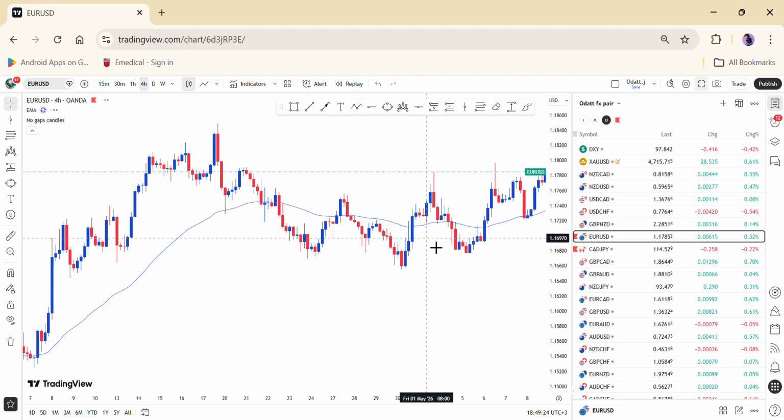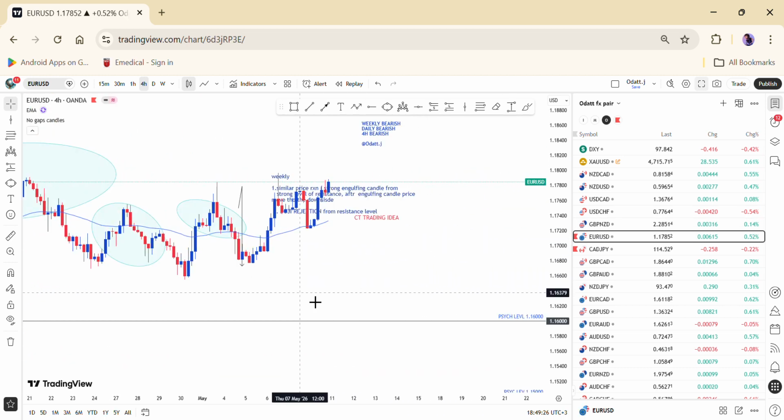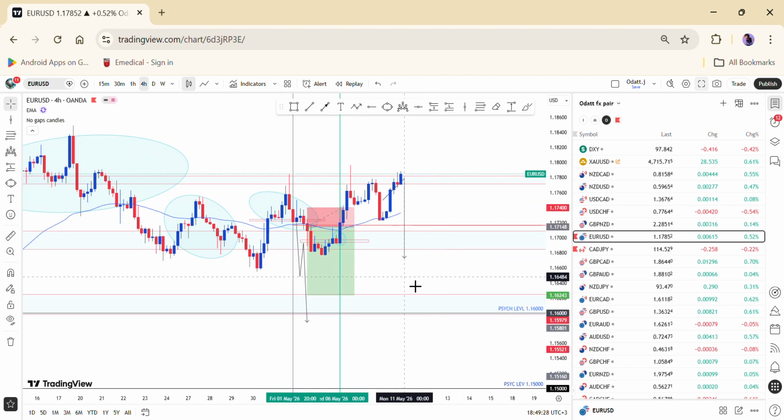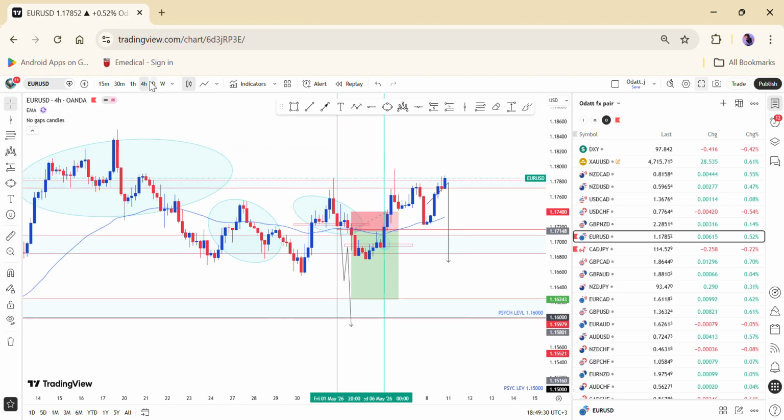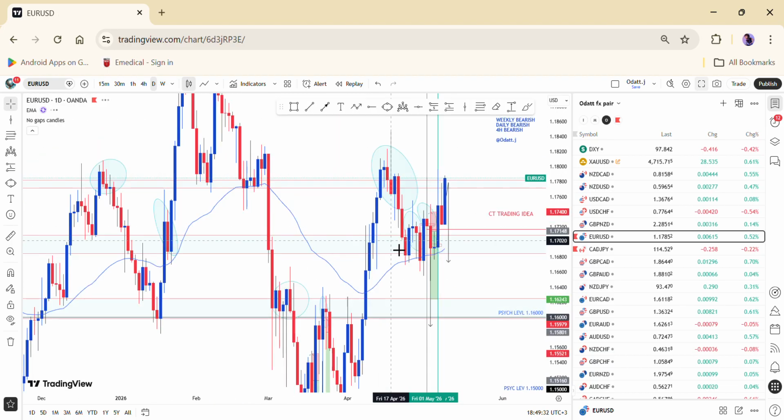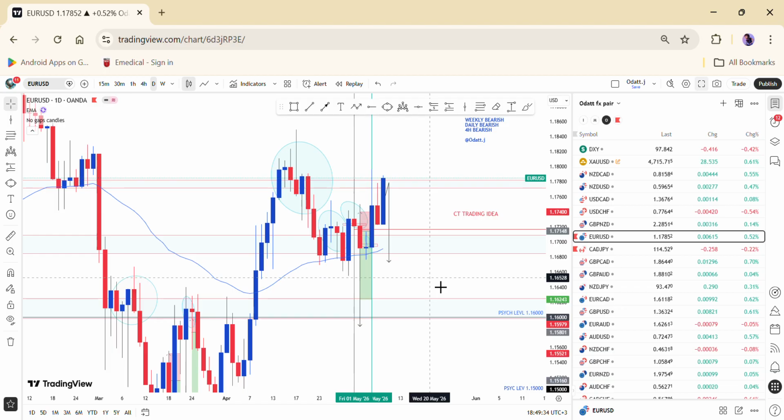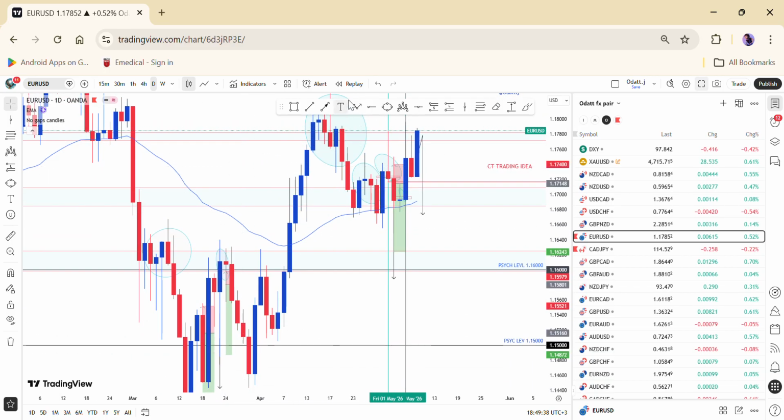Euro USD, this was also a break-even trade, where daily time frame, we are actually bullish. As you can see, we have low, high, we break, starting higher, higher.